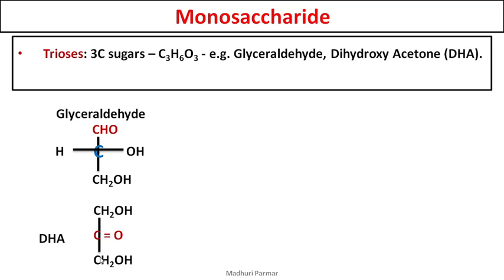Ketone will always occupy position number 2, so carbon 2 is the carbonyl carbon. Here you have CH2OH, the second carbon is C double bond O, and the last carbon is again CH2OH. As I had already told you, the end carbons you can write directly as CH2OH. So here also both the ends are written as CH2OH.